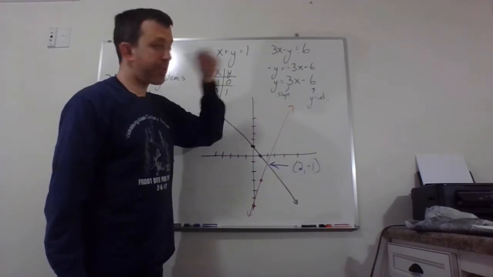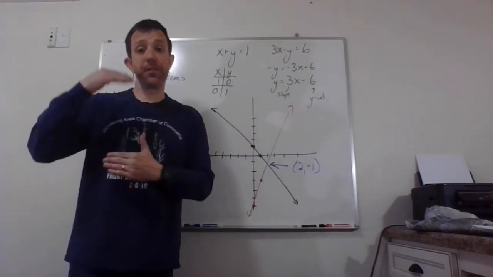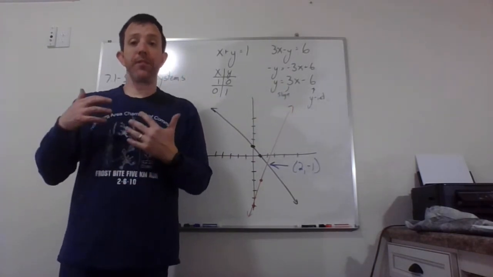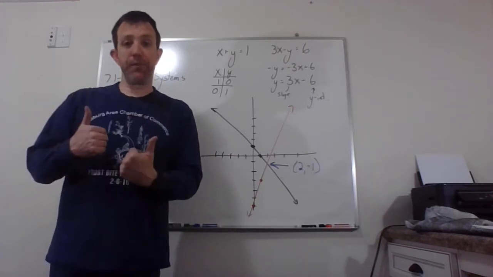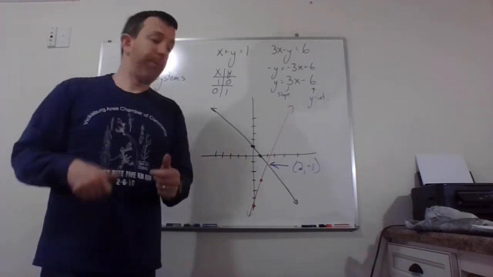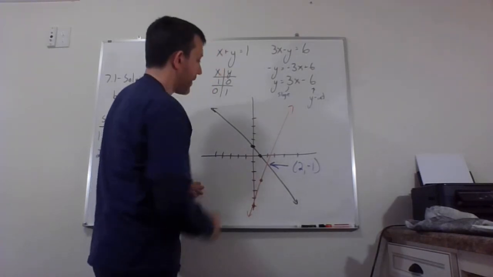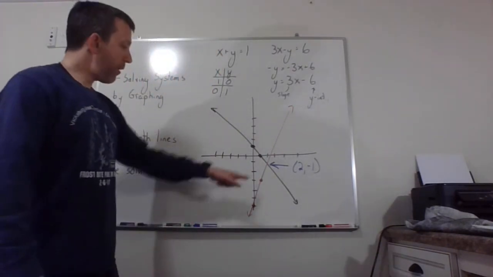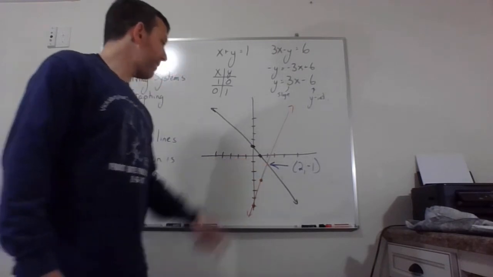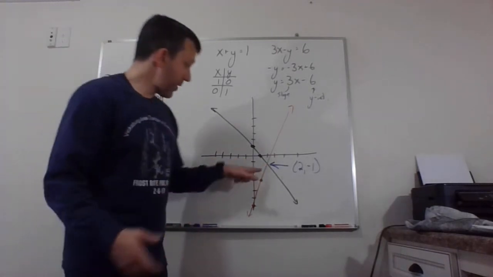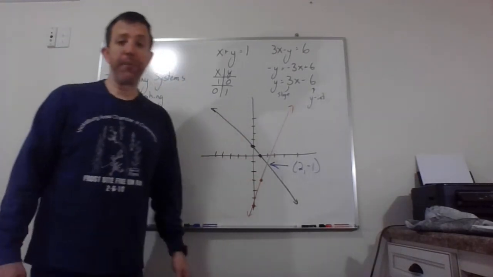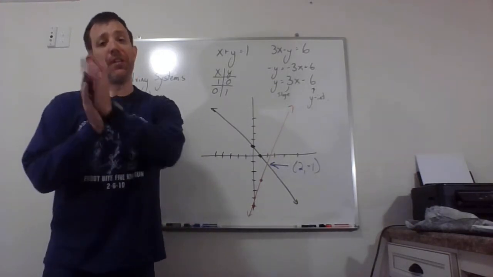And since my slope is 3, remember 3 is the same as 3 over 1. And since slope is rise over run, we go up 3 and over 1. So I go up 3 from that point and over 1, and I get a second point. So now I'm looking for the intersection, and on my graph, it sure looks like it's at positive 2, negative 1.